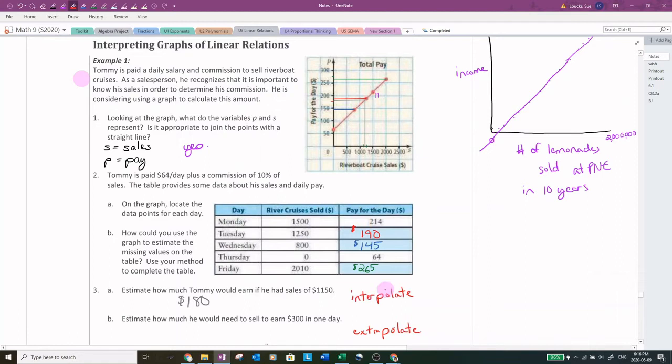Okay, interpolate is the verb, interpolation is the thing. Inter means inside, between. Okay, so it's between or within known data points.